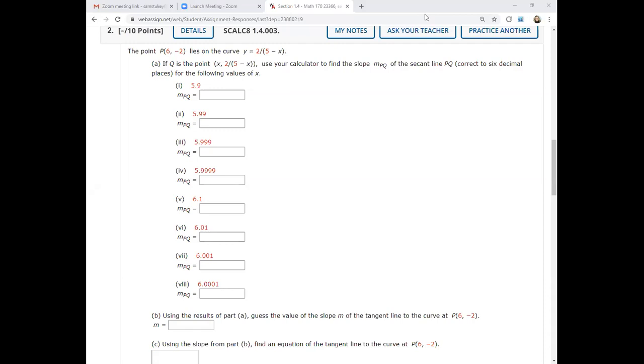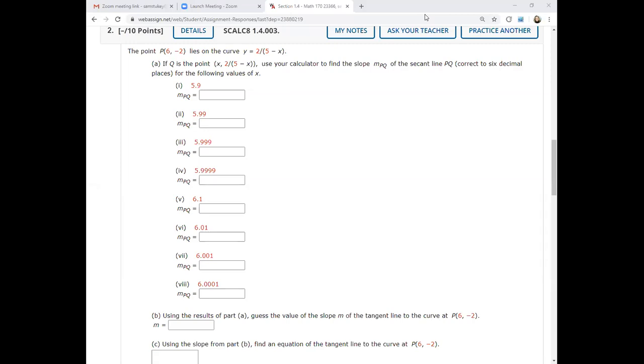Now I've got this kind of bulky expression, so I'm just going to do algebra to clean it up. So I have 2 over 5 minus x plus 2, because that double negative switches the sign, over x minus 6. Now, there's a couple of ways to clean up the complex fraction.